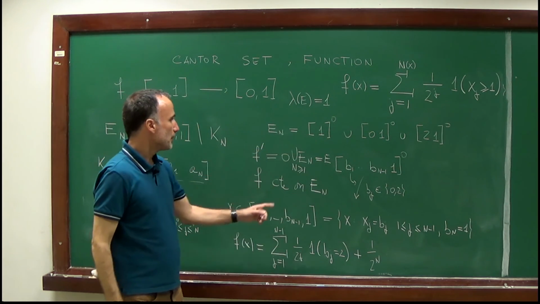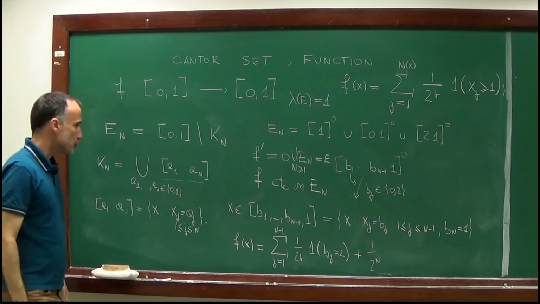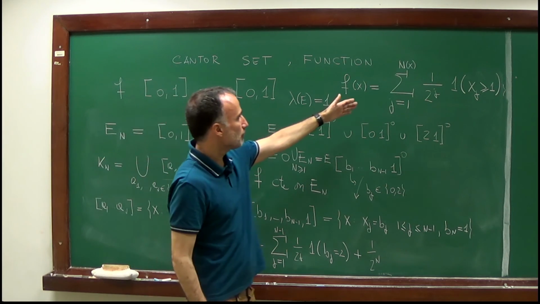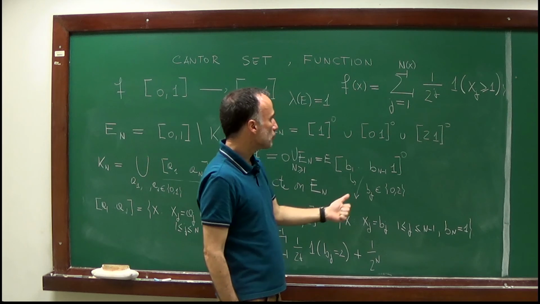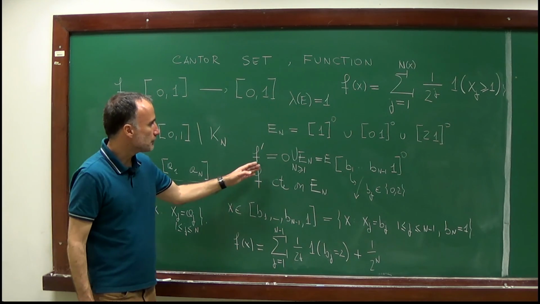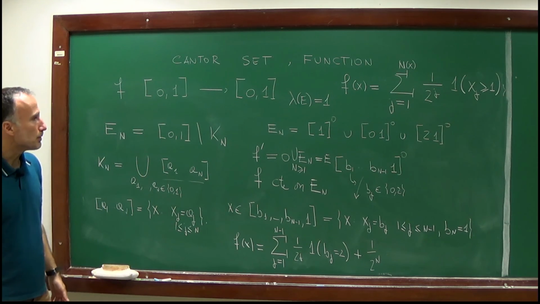So f prime is indeed equal to 0 almost everywhere, and that proves that the function given by this expression is monotone increasing, it is continuous, and its derivative is equal to 0 almost everywhere. And that completes this lecture.